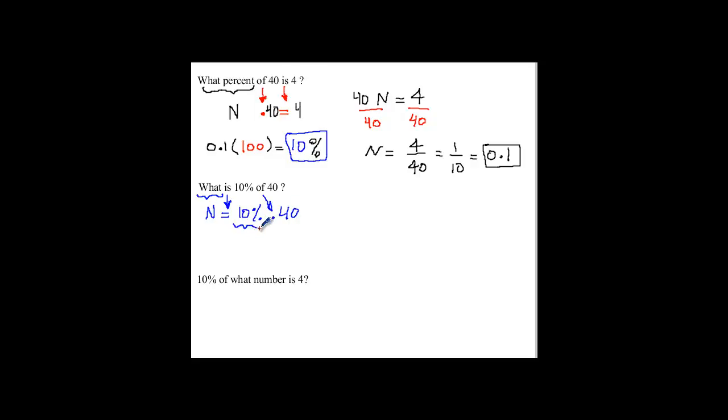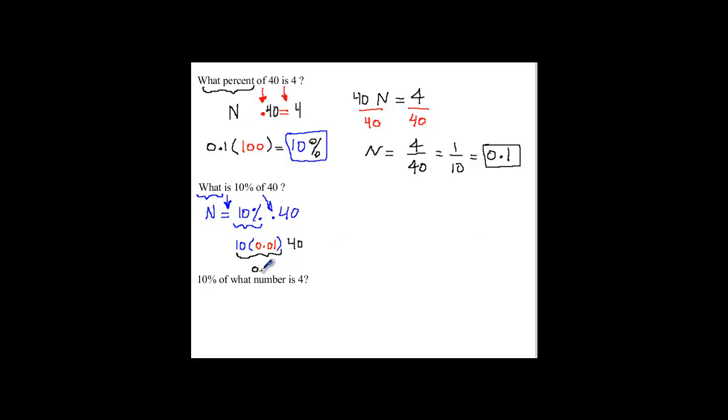So 10%, we can convert that to a decimal or fraction. If I want to change it to a decimal, I multiply it by its factor, which is 0.01. So I have 10 times 0.01 equal to 0.1, right?